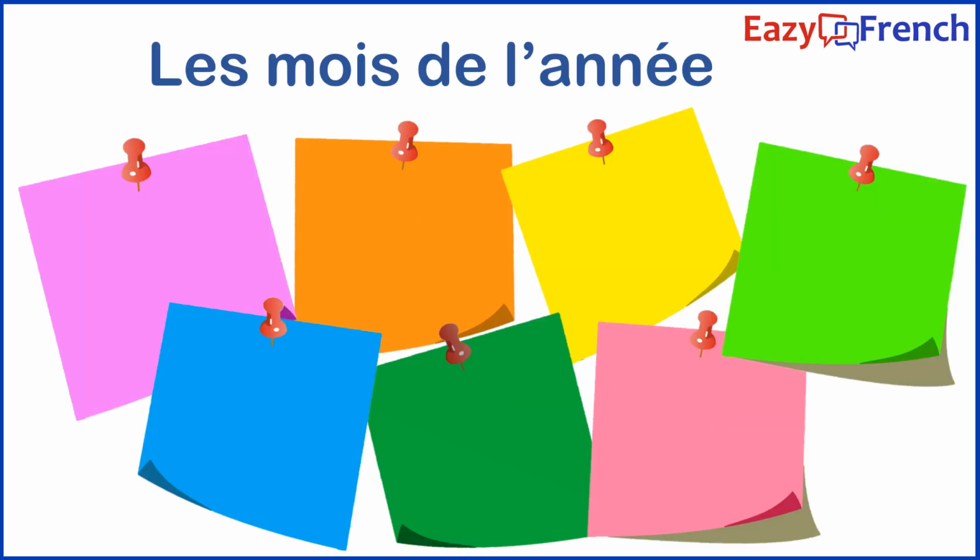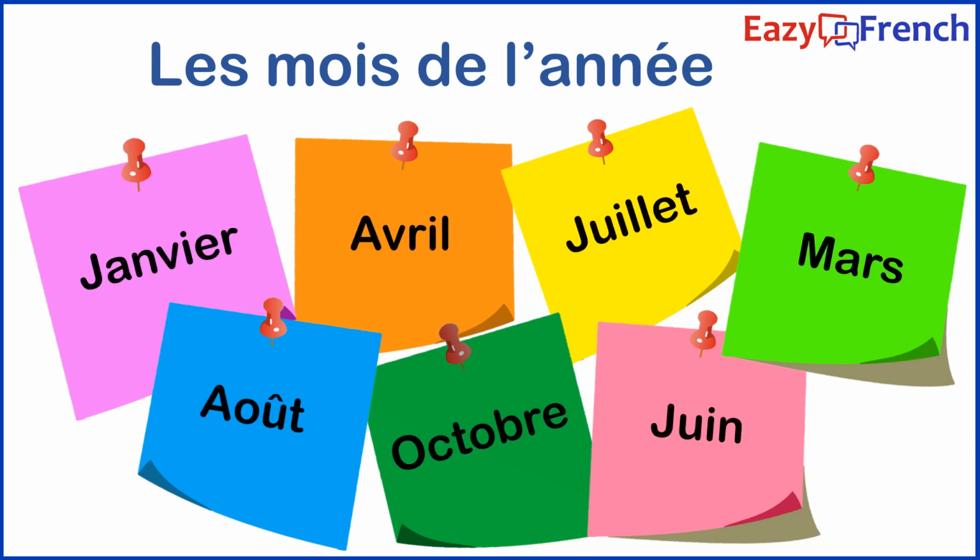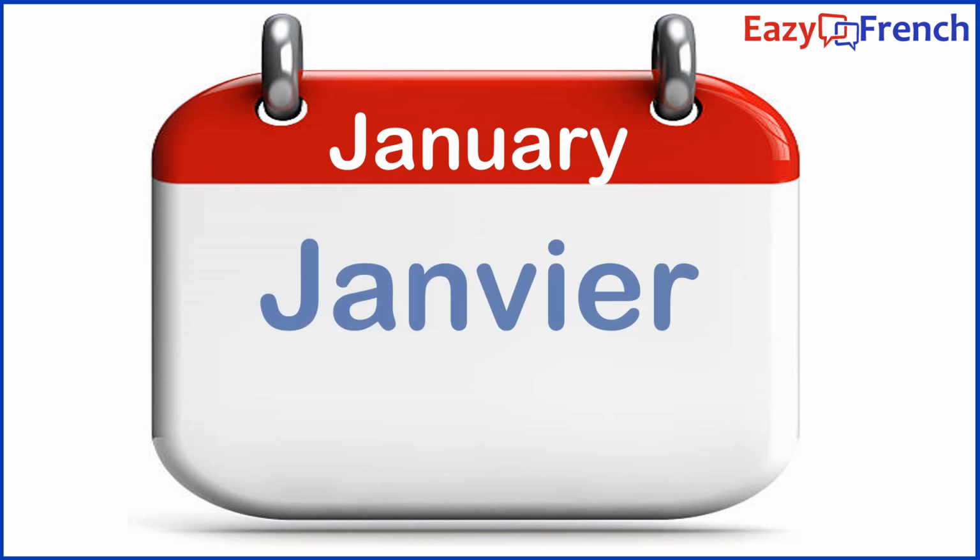Now in this video, we are going to learn about the months of the year, and that is called les mois de l'année. You can see there are quite different spellings. January, that's janvier.